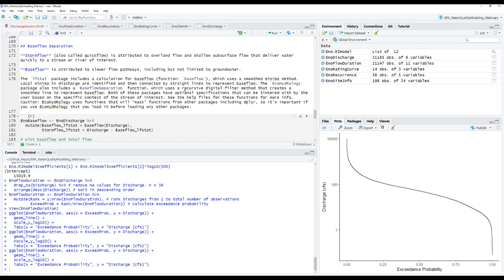In most circumstances, particularly if you're trying to get a general idea of storm flow versus base flow, these methods will be relatively equivalent. In certain circumstances of stream flow in a given system, or with more detailed estimates that you'd like to make that are a little bit more precise, there would be trade-offs between those two methods.